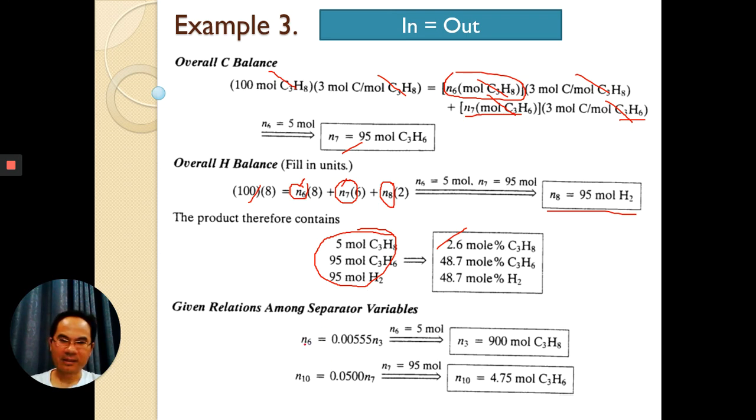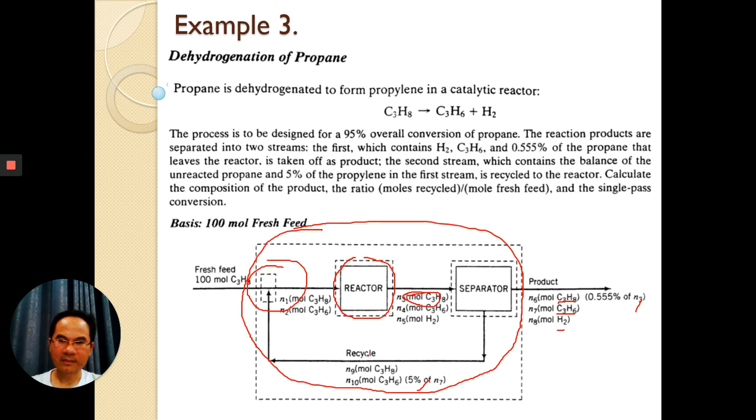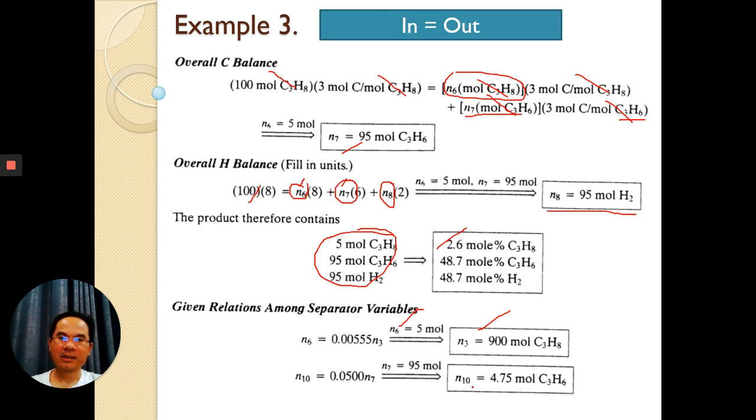You substitute N6 and you get N3, and also N10. N10 is 5% of N7, that is 0.05 N7. From the information, you can solve for N3 and N10 also.